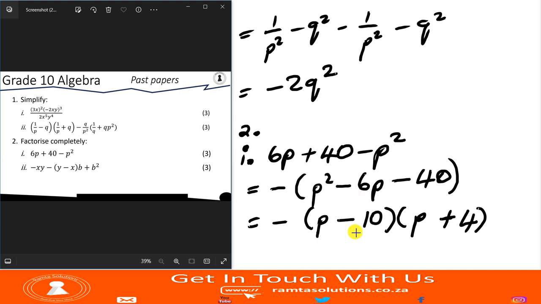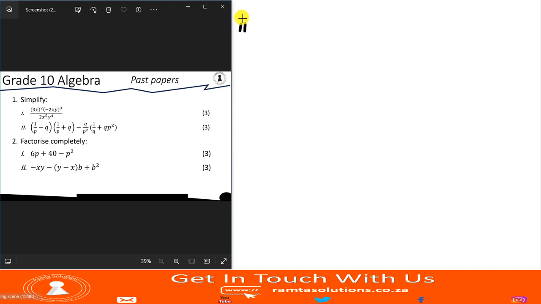Now proceeding, let's then head to Roman figure 2. It's my favorite. Now, Roman figure 2 says, let's see, negative xy minus y minus x, all multiplied by b plus b squared. All right? So what we're going to do, we're not going to hurry to do anything.